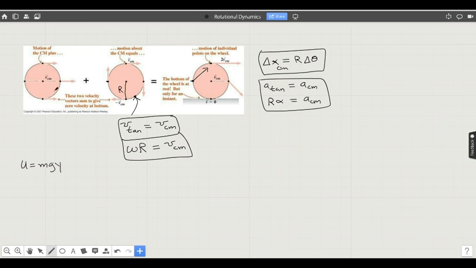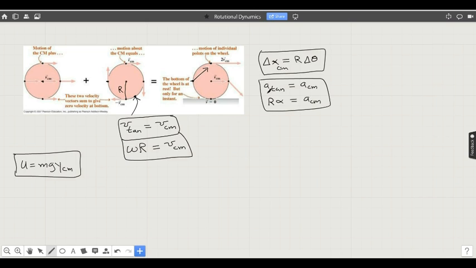What position y do we use? If this thing is sitting on top of a hill, what do we use for y? Because it takes up some space, so there are all kinds of different values for y that we could use. Well, since gravity is going to act at the center of mass, then we use the center of mass position. So it's the center of mass y coordinate that matters for the gravitational potential energy. So this is what we'd use for gravitational potential energy for an extended object.